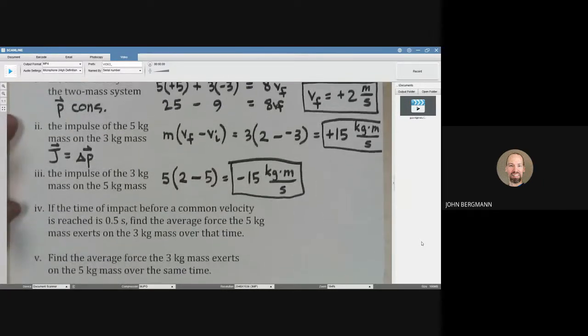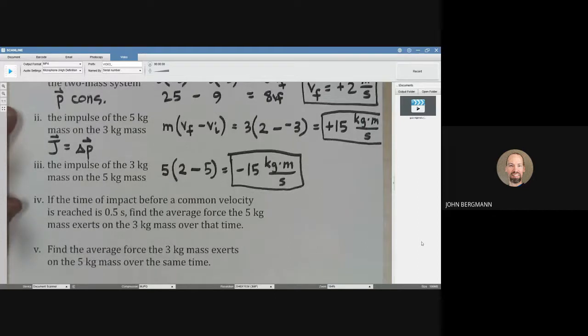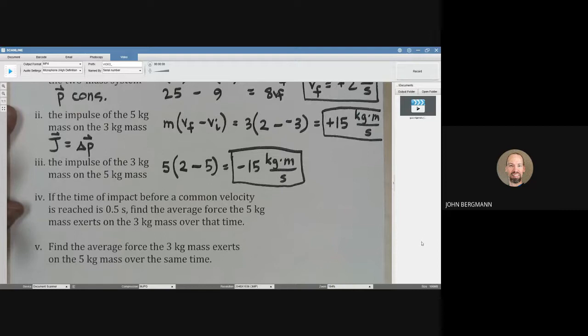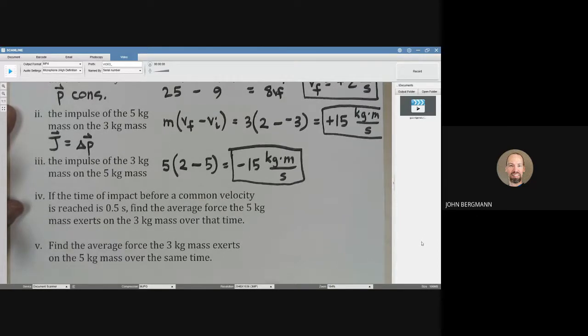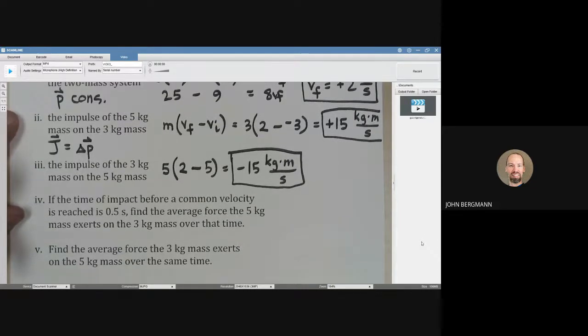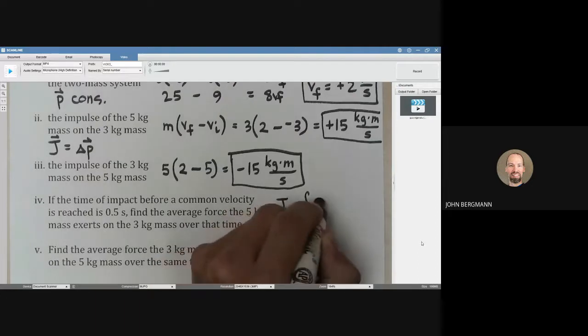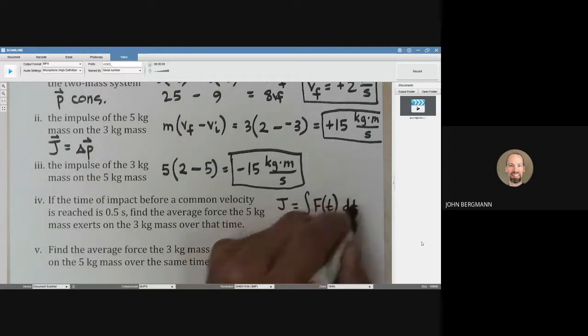Part 4, if the time of impact before a common velocity is reached is 0.5 seconds, find the average force the 5 kilogram mass exerts on the 3 kilogram mass over that time. So we said here on the left side of the screen that the impulse is equal to the change in momentum. The other thing that the impulse is equal to is, in essence, the force times the time.